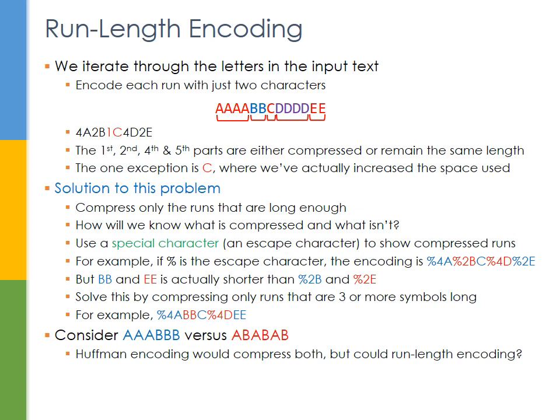Now if we were to use Huffman encoding, then we would be able to compress both of these, and the reason is that Huffman encoding is dependent on the frequency of character occurrences. So in both of these cases, because the A's occur 3 times and the B's occur 3 times, this means that Huffman encoding will be able to then compress to the same level both of these sequences. However, would run length encoding be able to?